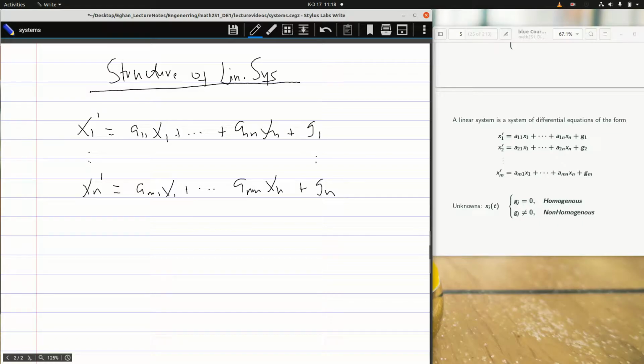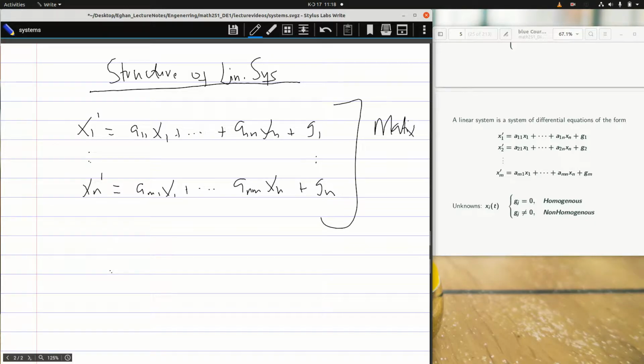If I have it this way, I can rewrite this in a matrix form as having x1 prime, x2 prime through to, so I thought the prerequisite for this course is to know your matrix operations.